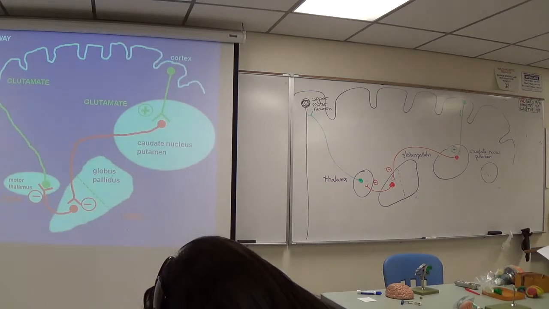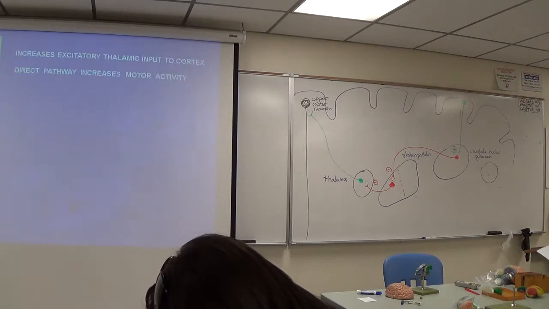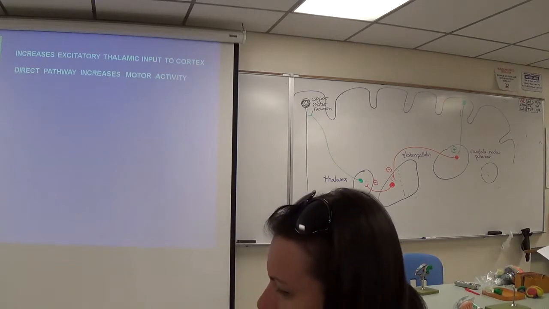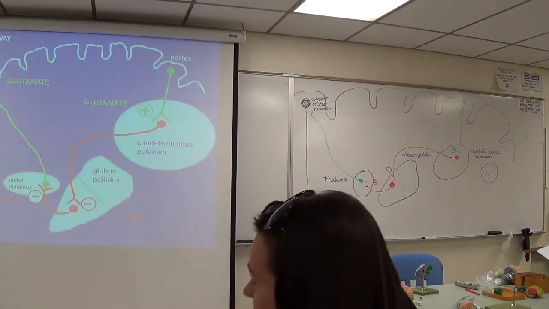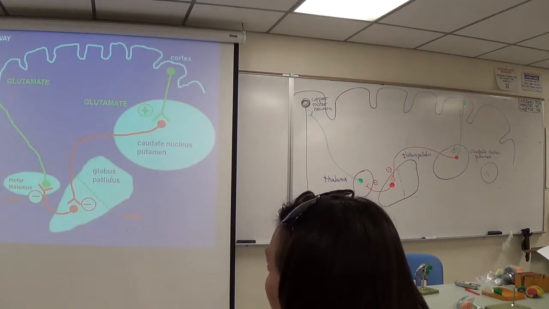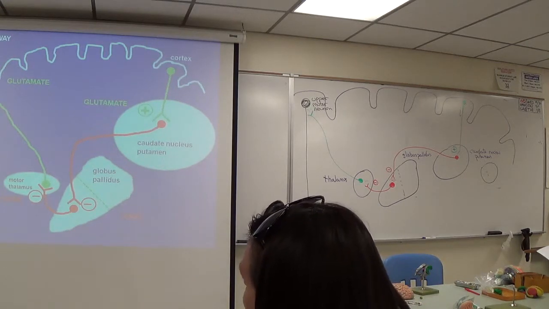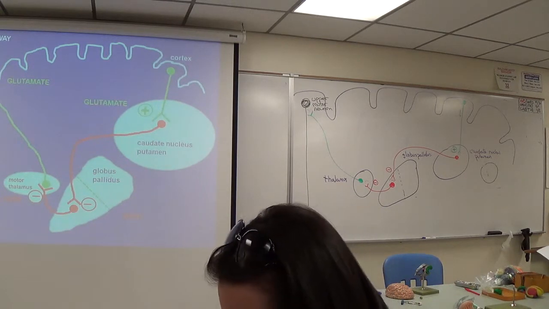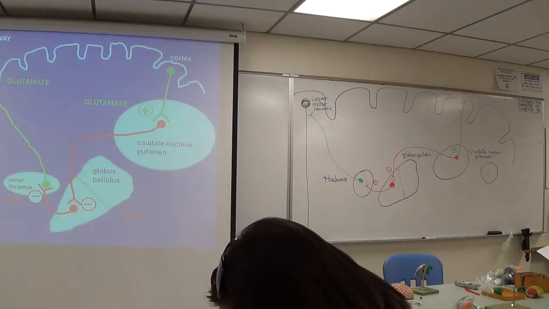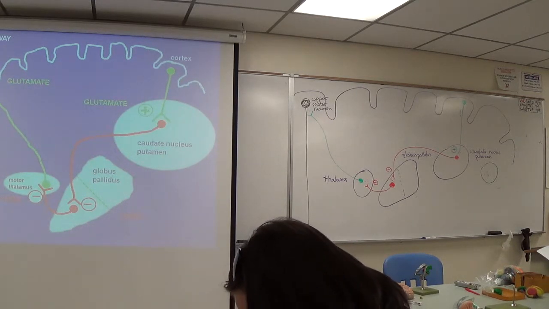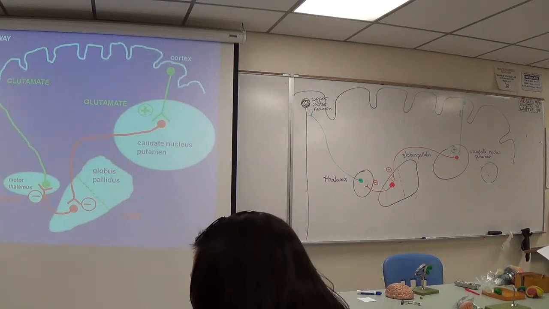When this sends the neuron activation down my upper motor neuron, it's going to get to the spinal cord and it's going to go to my muscle. And so it's going to increase motor activity. Now, it wasn't quite as complicated as it looked. Just remember, it's just a whole bunch of extra steps in there that causes your muscles to be able to work. Okay?